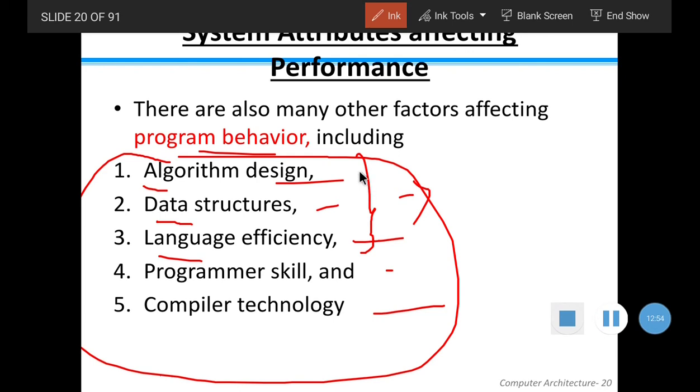They want computer science engineers who are good in algorithm design, data structures, and language efficiency. If you are perfect in that language and know how to use data structures and algorithm design, these two factors are very important for any computer science engineer to be successful in his career.